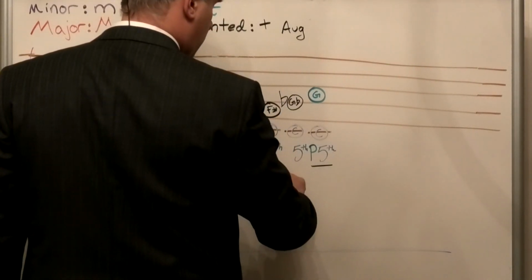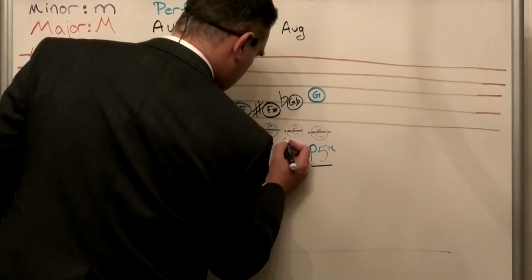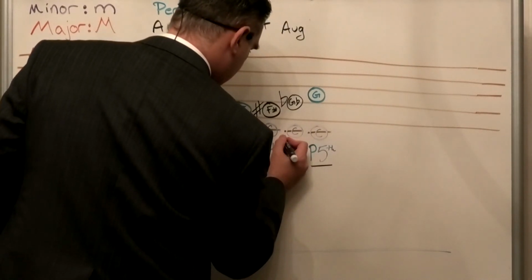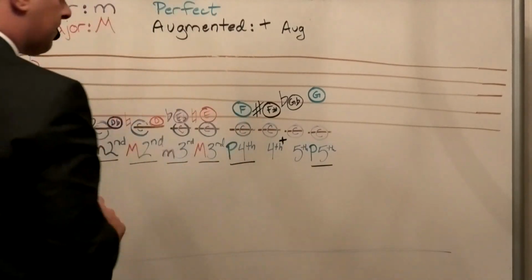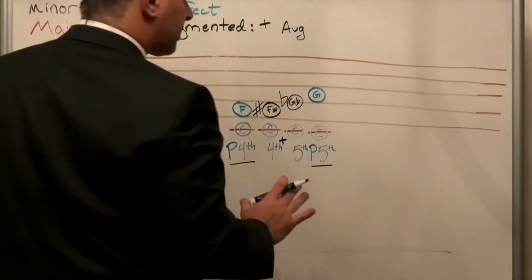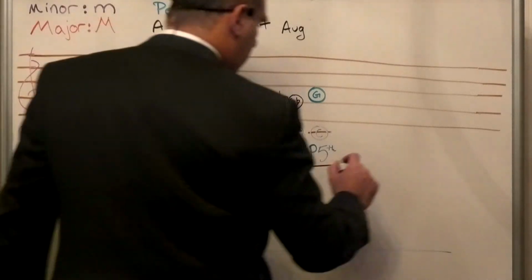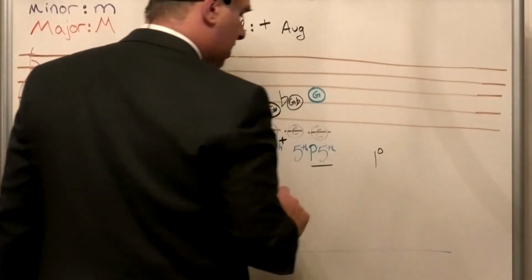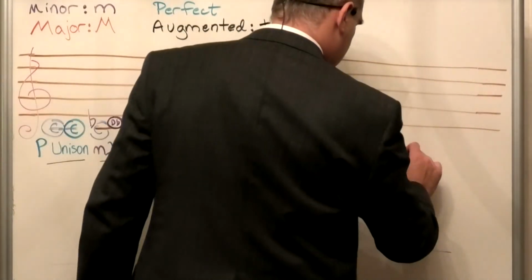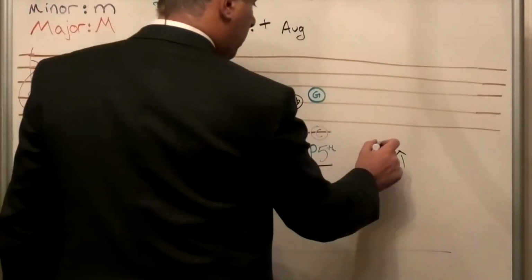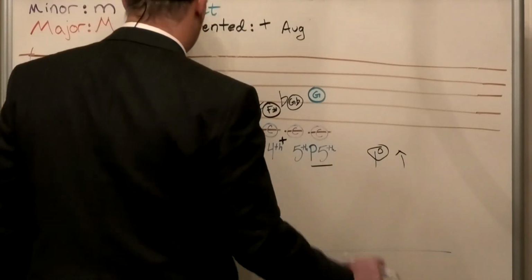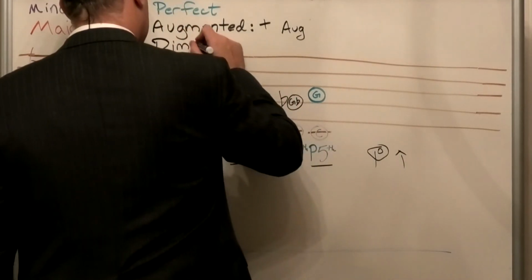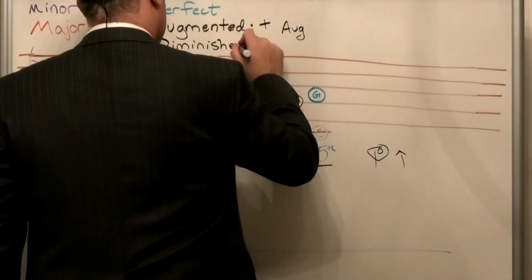So we can put A-U-G fourth for augmented fourth, but I'm going to use the classical notation. We'll put a plus sign there. That's an augmented fourth right there. Fourth with a plus sign. And when we do the scale degrees, we don't say scale degree 1 with a little degree symbol. We say scale degree 1 with a little hat above it. We use this symbol for diminished, the little circle. Diminished means to lower by, in music, a half step.